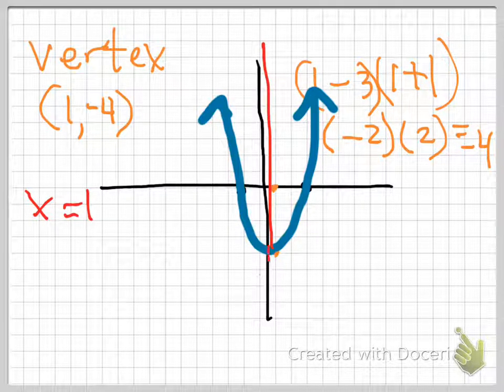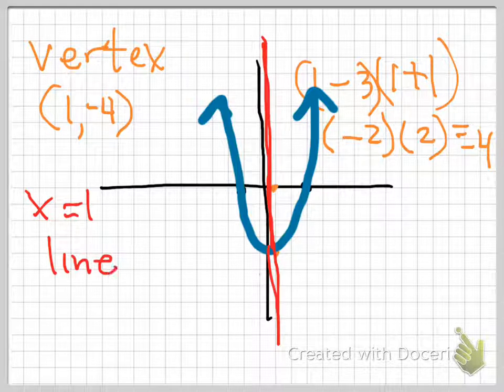That line would make that graph symmetrical. It's called the axis of symmetry. It's always a line. Alright, there you go. That's how you graph in vertex or factored, we'll call this factored form.